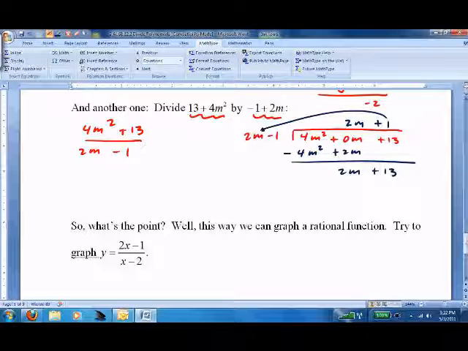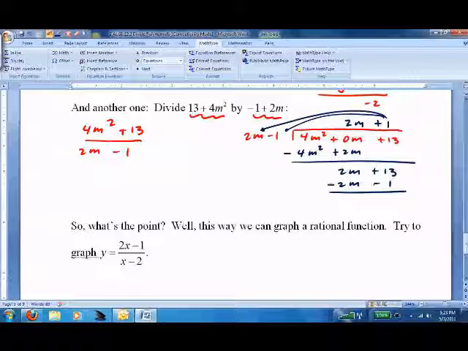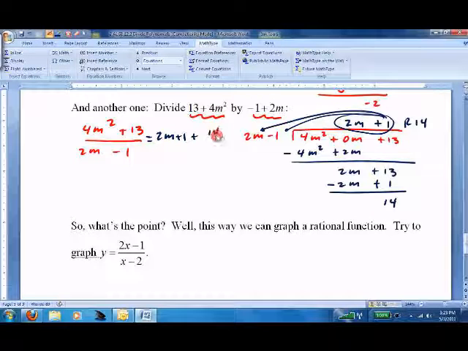Multiply it to check. 1 times 2m is 2m. 1 times negative 1 is negative 1. Make everything negative, negative, positive. We get a remainder of 14. So we get 2m plus 1, that comes from right here, plus a remainder of 14 over the original divisor, 2m minus 1.